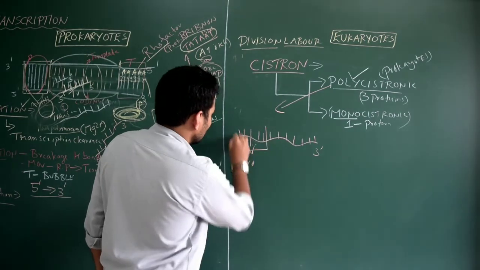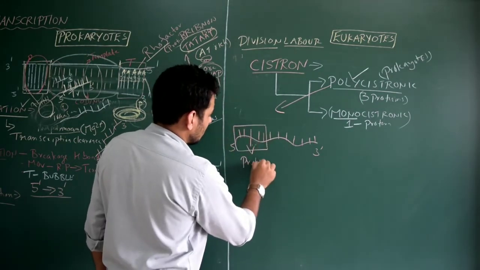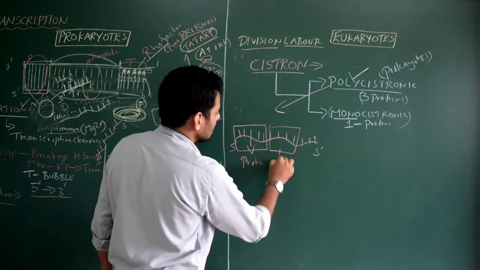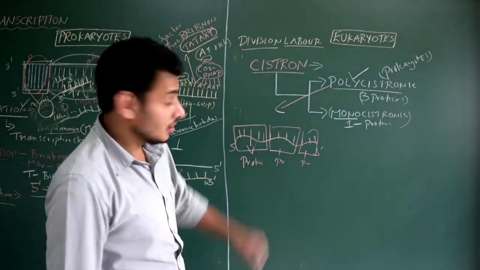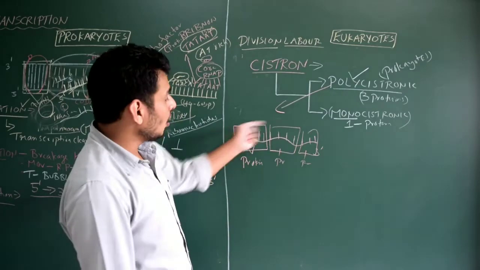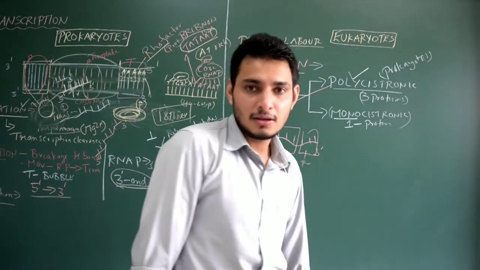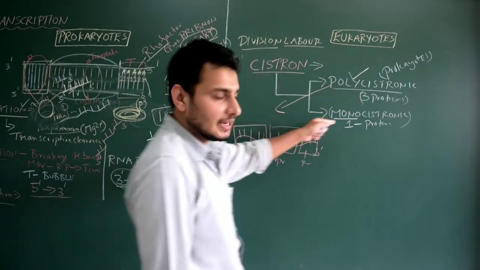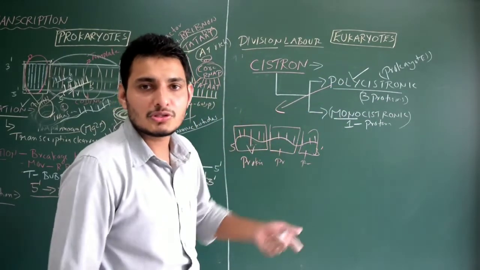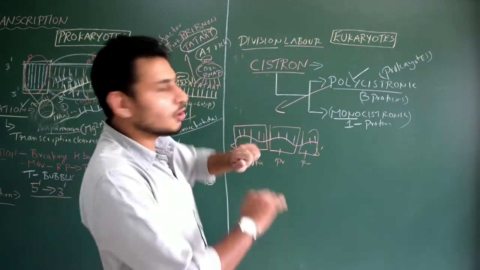Some base pairs will produce a protein and this base pair will produce a protein. Like that, you see multiple proteins and all the base pairs are useful. Got it? So that's what I said, polycistronic mRNA will produce different types of protein. So there is no complication.